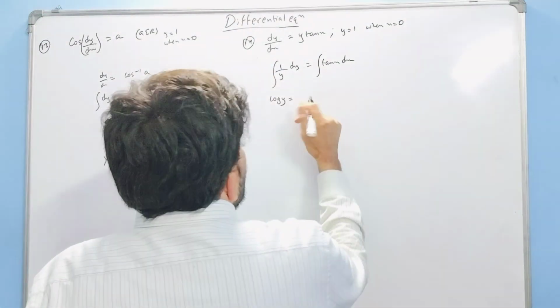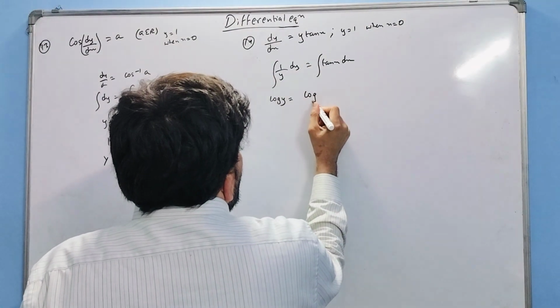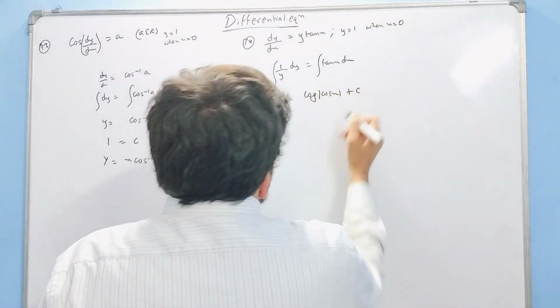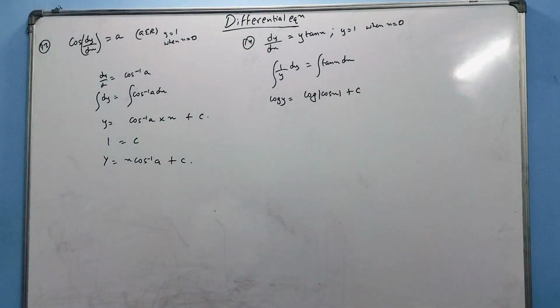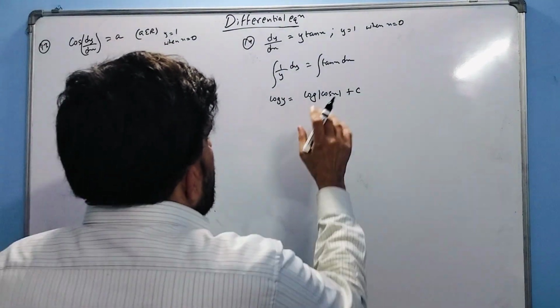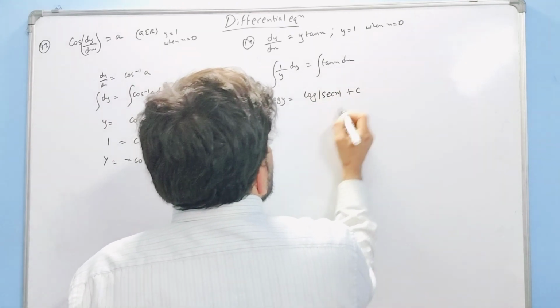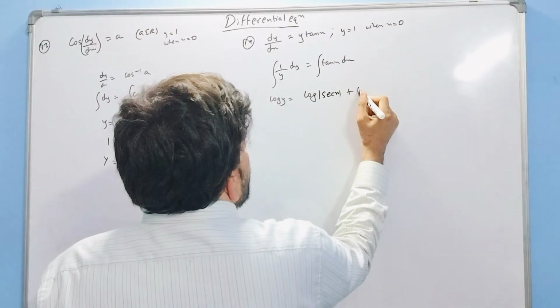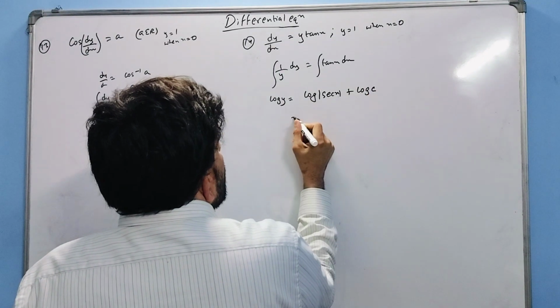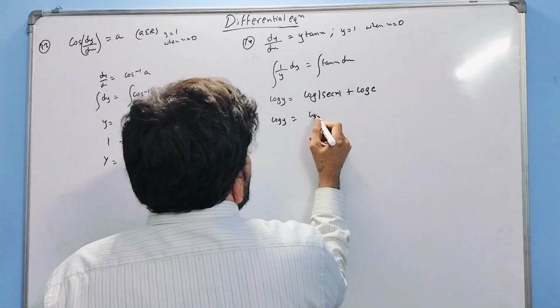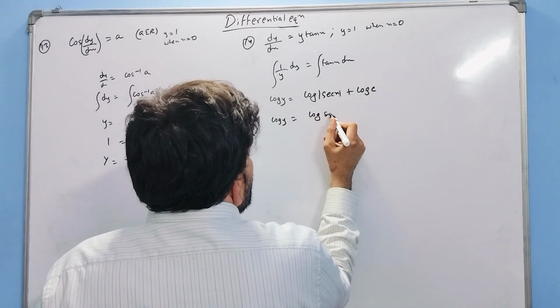So we can write log of sec x plus c. Also I can write here log of c. So I got log y is equal to log of sec x into c.